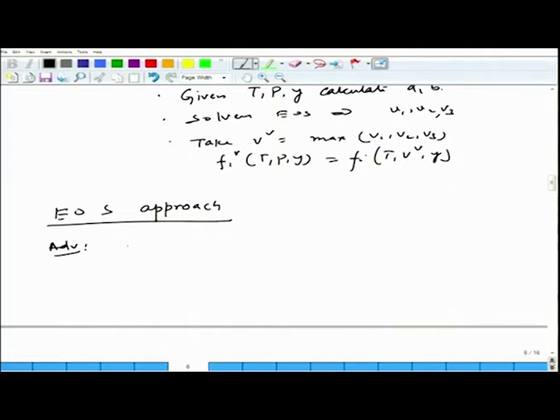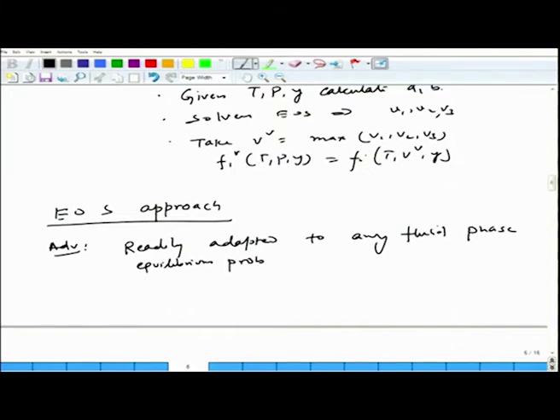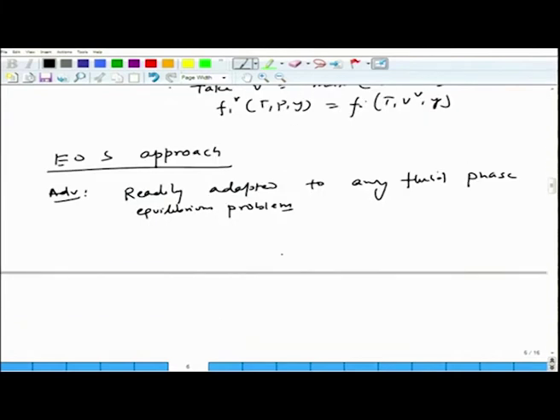That means it is readily adapted to any fluid phase equilibria problem. This is one of the advantages. You can find even the critical lines for the mixture using this approach. What are the problems related to equation of state?